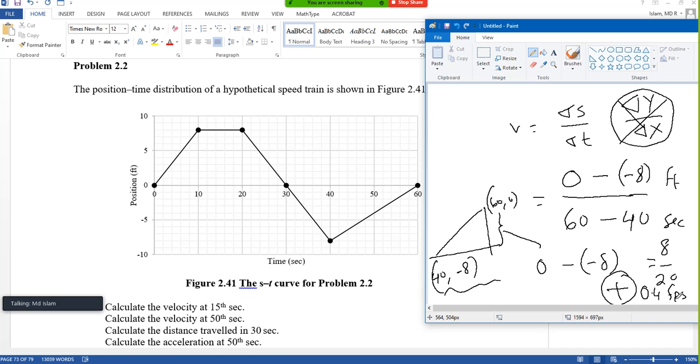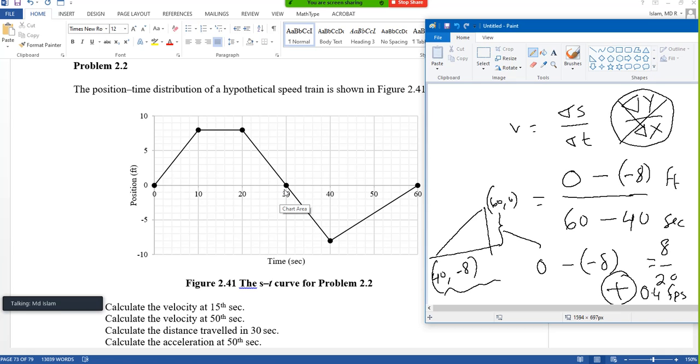If I go to the next problem: calculate the distance traveled in 30 seconds. Where is 30? Here. What is the distance traveled? This question is tricky.